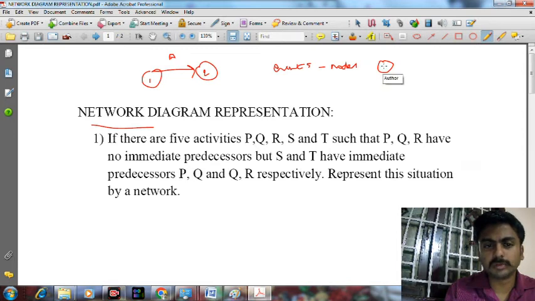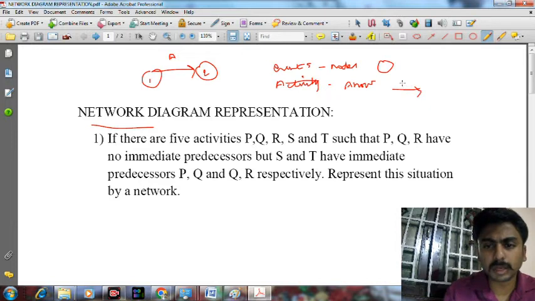Within the circle you will have an alphabet or any constant. And an activity is represented by arrows. Over the arrow you will have a variable; on many occasions it will be a variable.